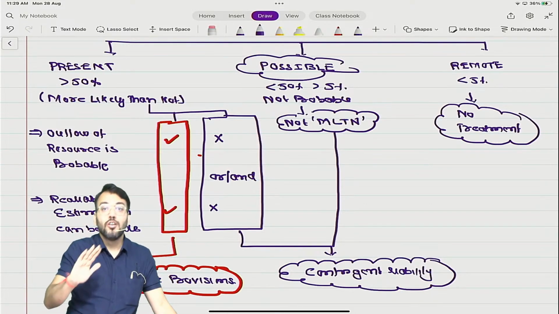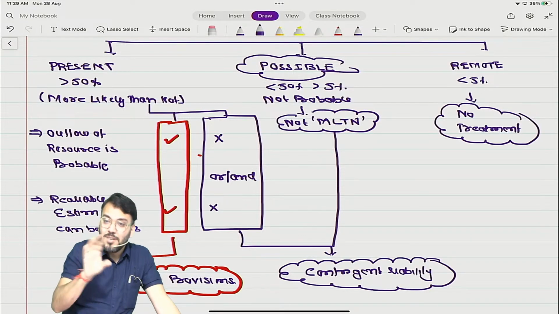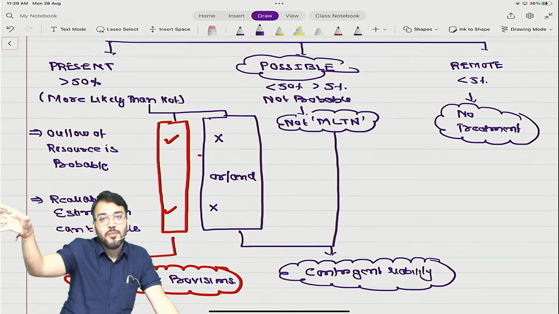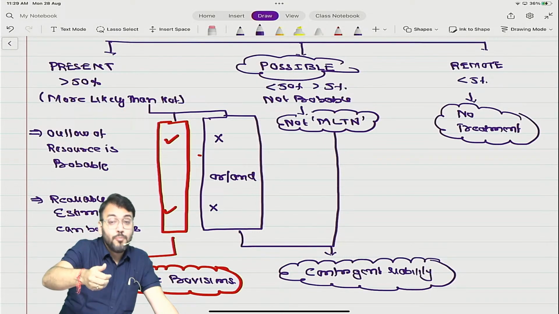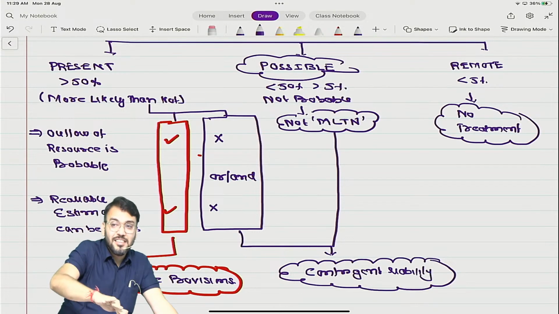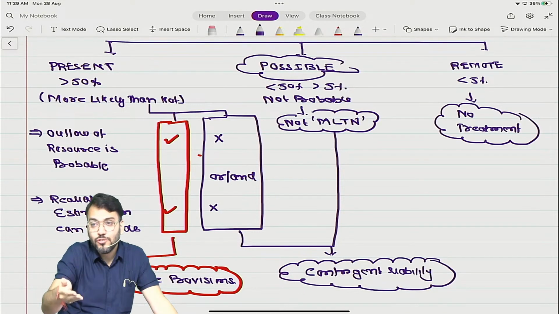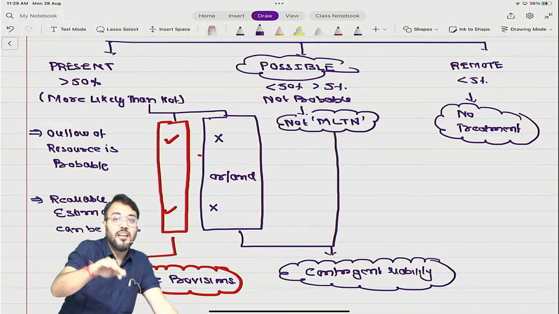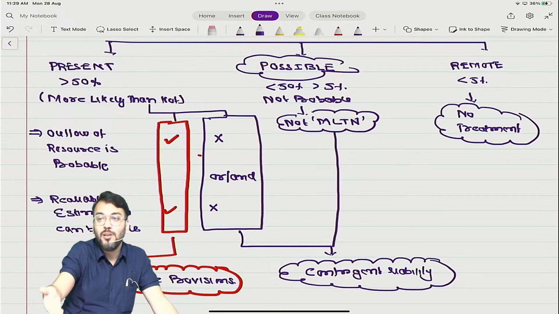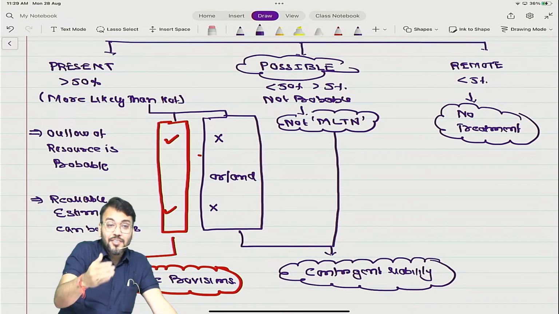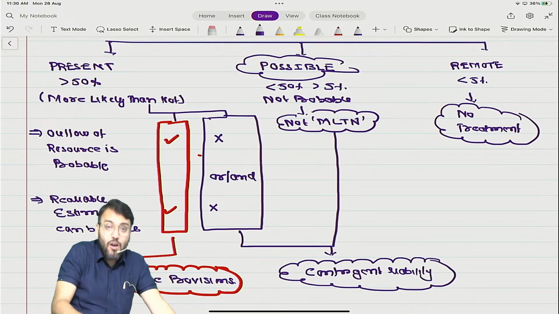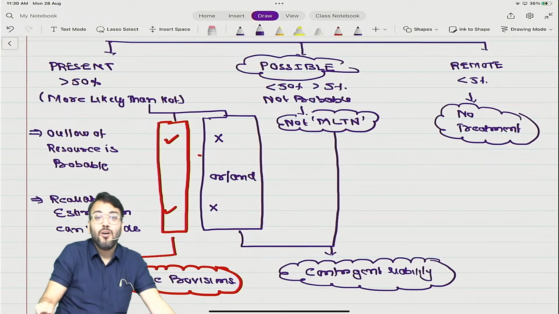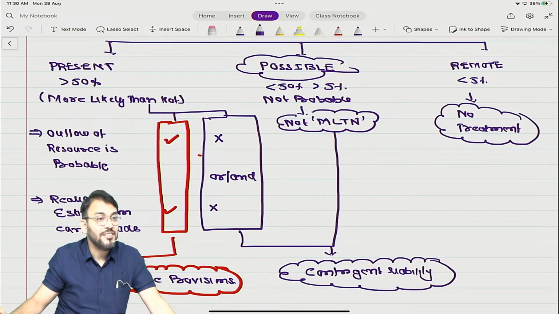Okay, once again. Contingent liabilities are present obligations arising from past event which cannot be recognized as provision because either outflow of resource which is required to settle the obligation is not probable or reliable estimation cannot be made, or it is a possible obligation arising from past event.